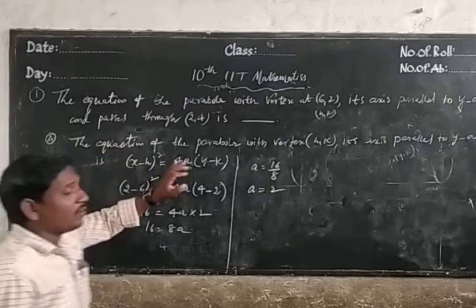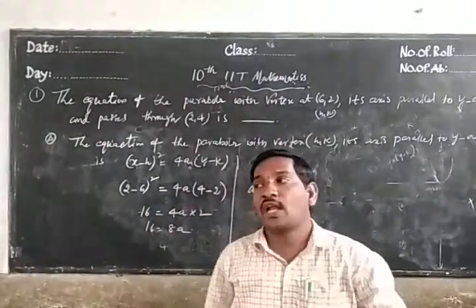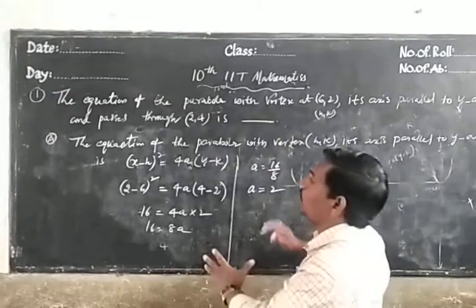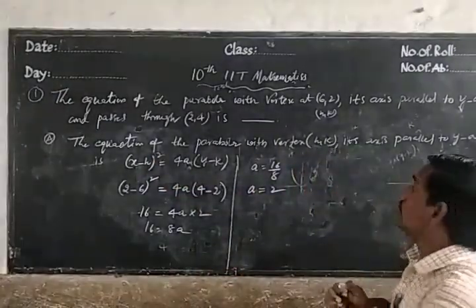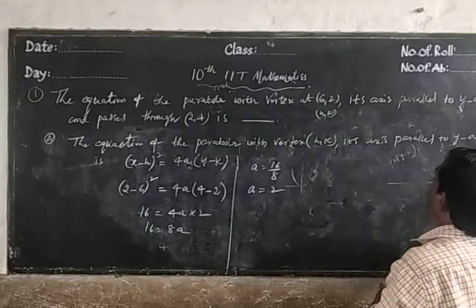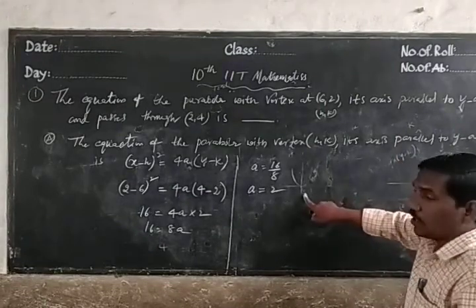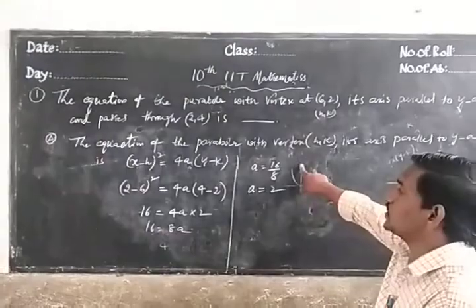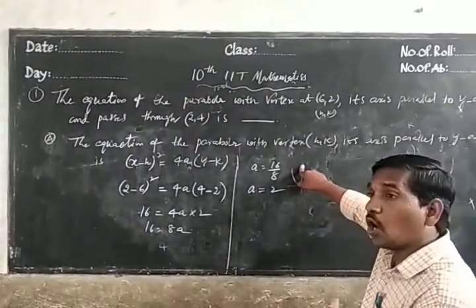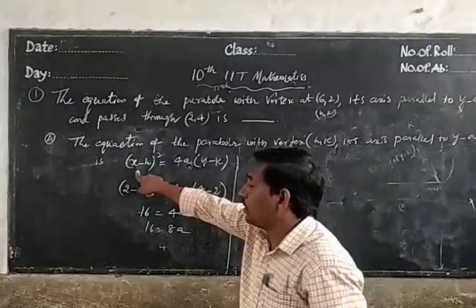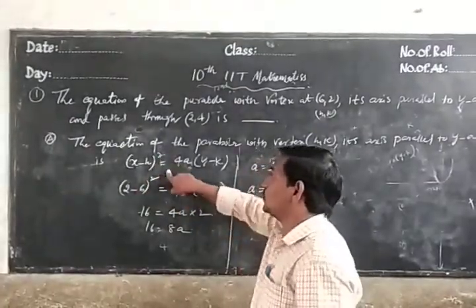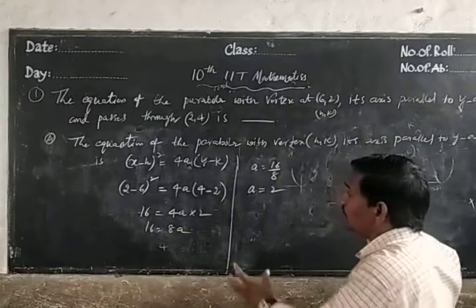Okay, what we are doing here? The x, y and h, k values should be substituted in that formula. The equation of the parabola with vertex (h, k), its axis parallel to y axis. For the origin (0, 0), x square is equal to 4ay. But the origin shifted to (h, k), then that equation is (x minus h) whole square is equal to 4a into (y minus k).